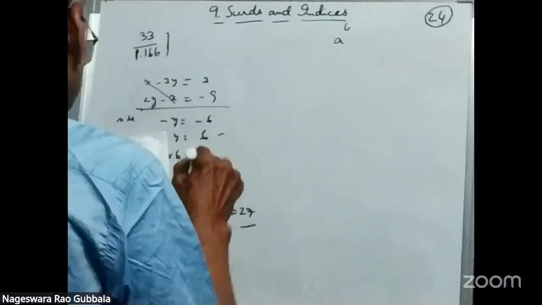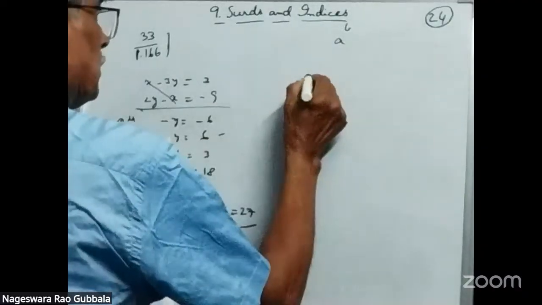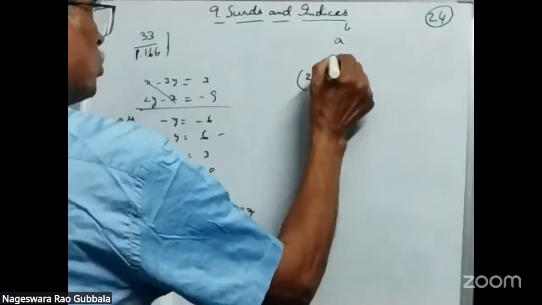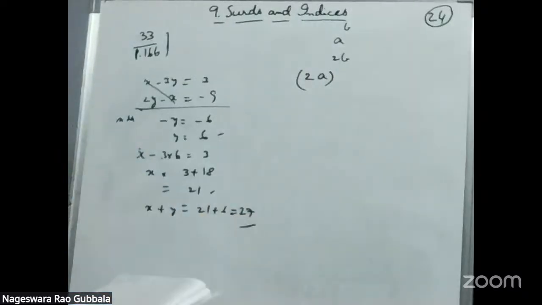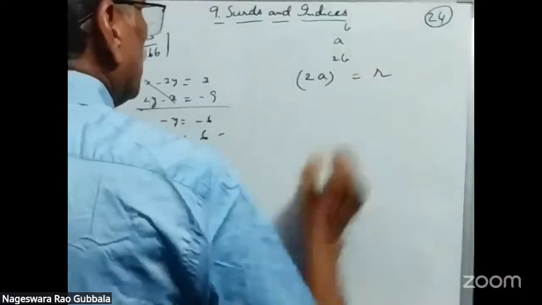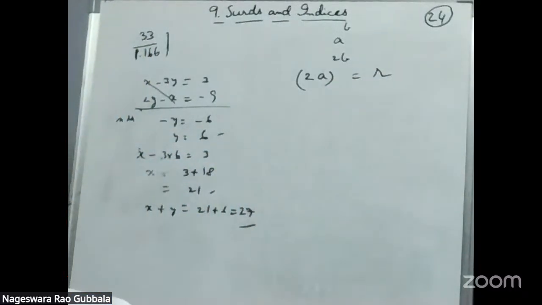Doubling both the base and exponent: base doubling means 2a, exponent doubling means 2b. So (2a) to the power of 2b. R is the result. Result is given as R.